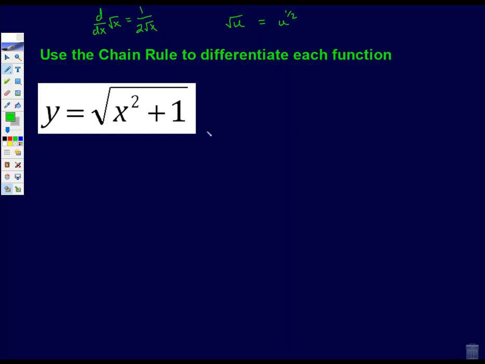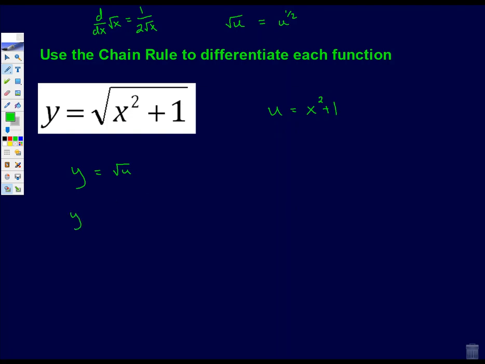Okay? So what I'm going to do here is I'm going to let u equal x squared plus 1. And I'm going to rewrite my problem as y equals the square root of u. So now I can apply the chain rule in a similar way to the other ones.